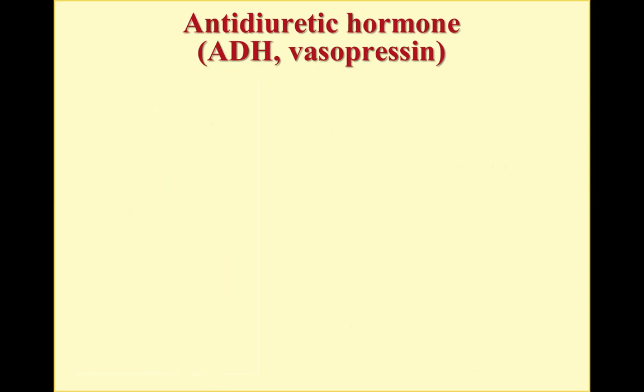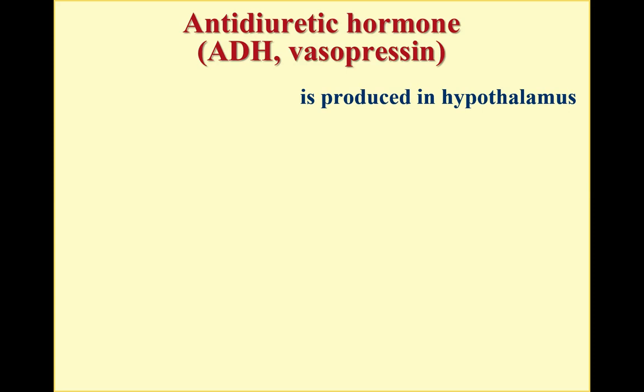First to be considered is antidiuretic hormone, or vasopressin. It's convenient to remember both names of this hormone because it has two main effects, different effects, that are achieved through different types of receptors.